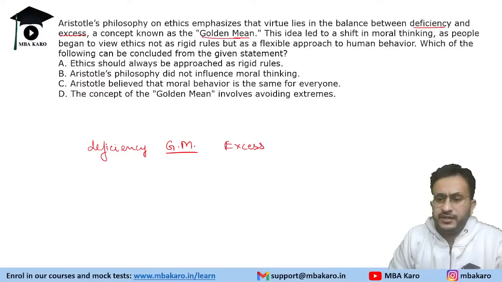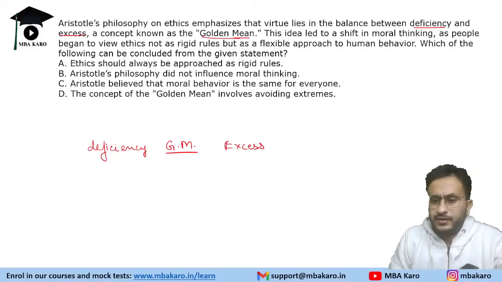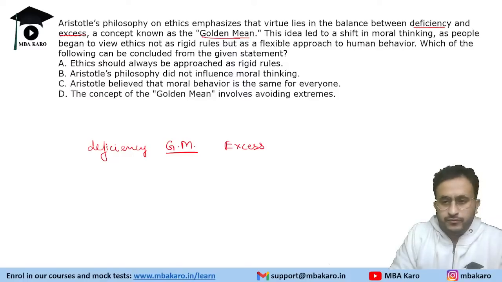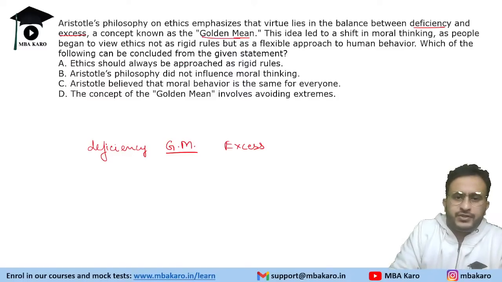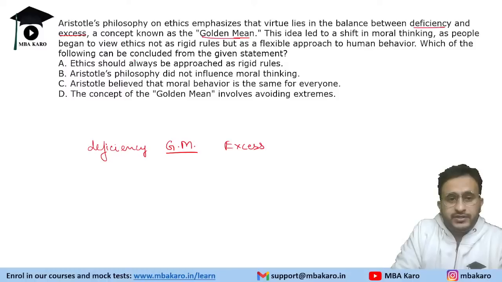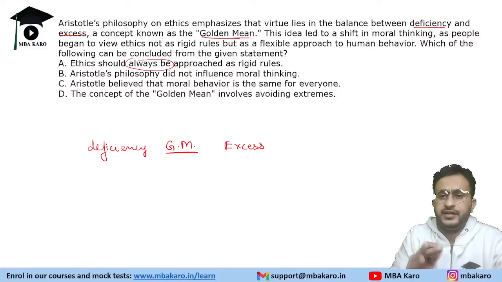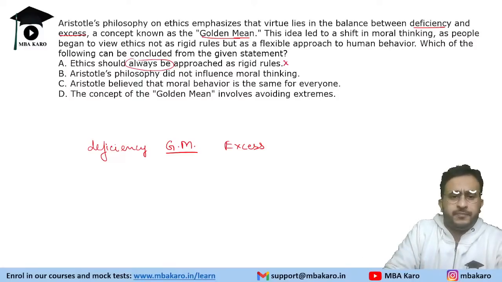So people started focusing on ethics. Ethics should always be approached as rigid rules, right? So it is not saying that it is always an extreme thing, right? And they're saying that people have shifted, right? Earlier people used to think rigid, now they are considering it flexible. So that is wrong.